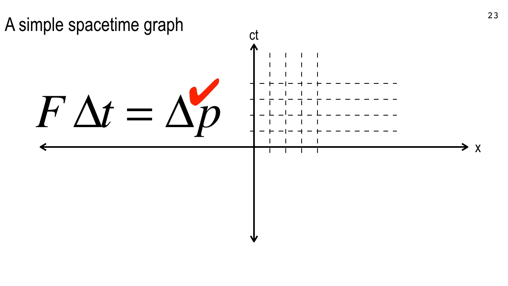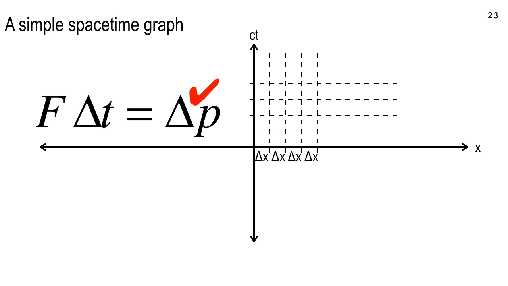Okay, so let's put in a bunch of, try to make them square, you know, like graph paper is. All right, so these are delta x's. You know, delta x, another delta x, another delta x, another delta x. All right. Now remember, the impulse equation is completely understandable in terms of delta t's.